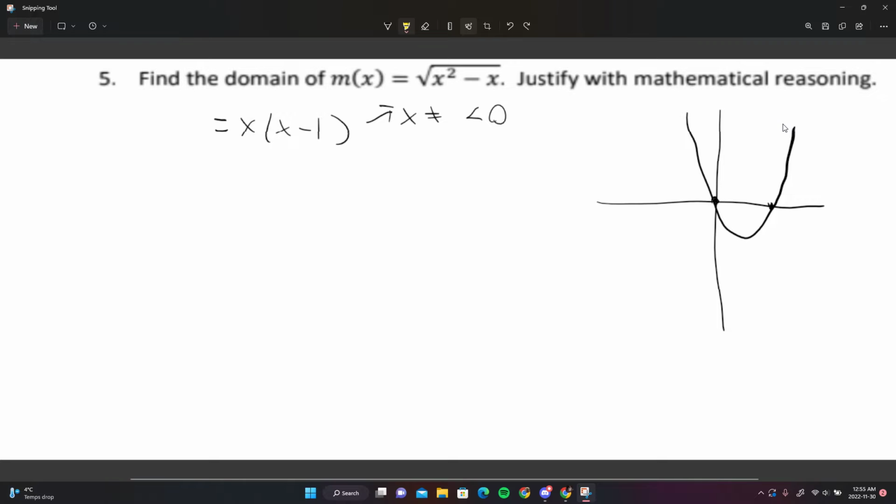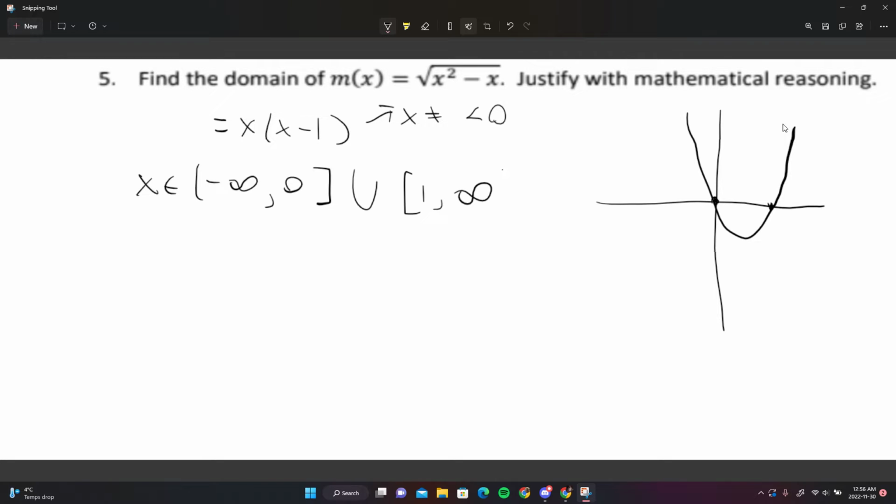So the domain is x ∈ (-∞, 0] ∪ [1, ∞). The domain is from negative infinity to 0 and 1 to infinity.